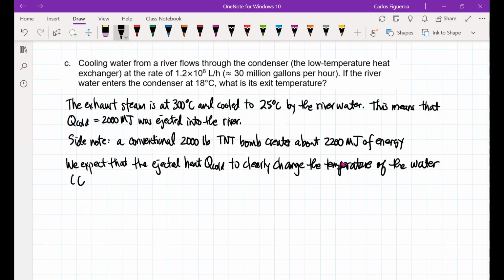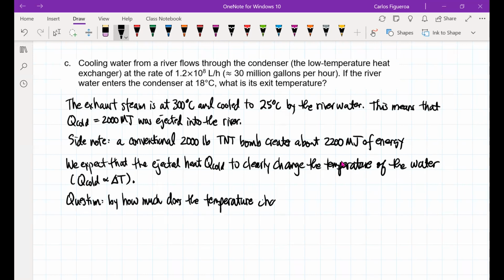Right? We clearly expect that because of this heat, this should be proportional to the change of that temperature reservoir. So now, here's what this question is asking. By how much does the temperature of the water change? That's the question that we're trying to answer.